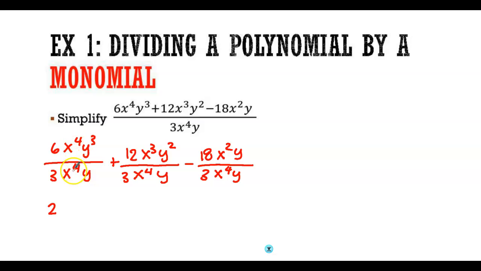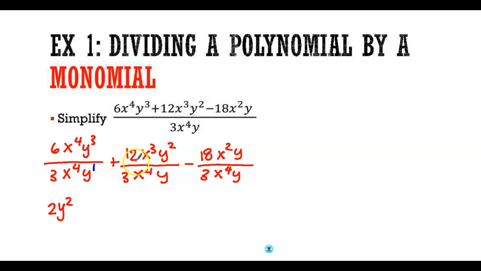So 4 minus 4 is 0. Anything to the power of 0 is 1. I don't have to write that. Then I have y to the 3 minus, and don't forget, if a power is not written, then it's technically a 1 there. So 3 minus 1 is 2, so that's y squared.